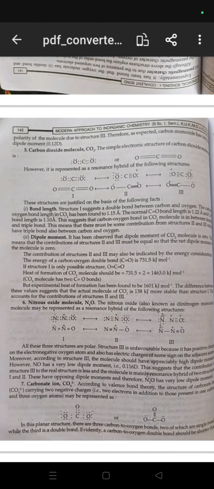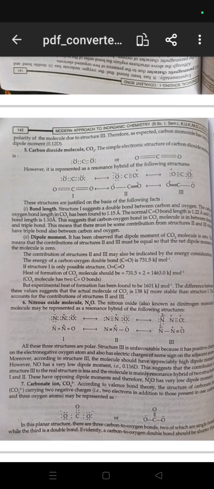Sixth, nitrous oxide molecule. Of the three structures, structure 3 is unfavorable because it has a positive charge on the electronegative oxygen atom and also has like charges on adjacent atoms. Moreover, according to structure third, the molecule should have an appreciably high dipole moment.